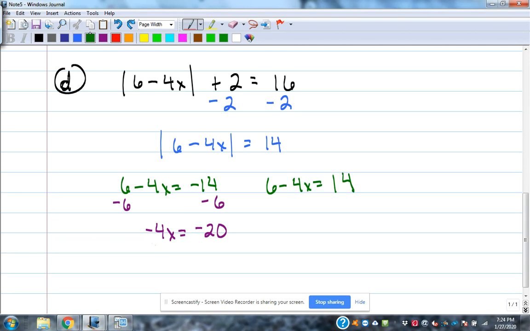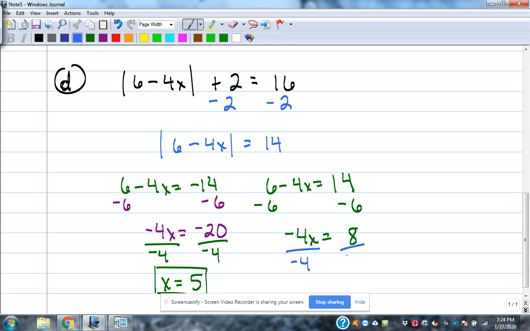Divide by negative 4. Positive 5. Same thing over here. Negative 4x is equal to 8 this time. And then divide by negative 4. Get a negative 2 as an answer.